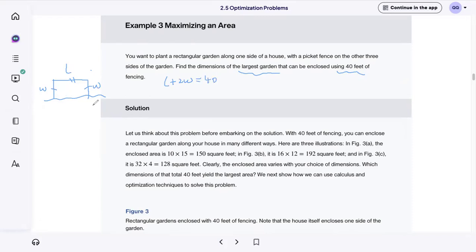So the total fencing is 40 feet long. What else do we know? We also know the area of this rectangle is L times width. The area is just multiplying those 2 dimensions. But we need to form a function. So how do we form a function? We're going to use those 2 equations. So let me write them together. So we're given these 2 equations.